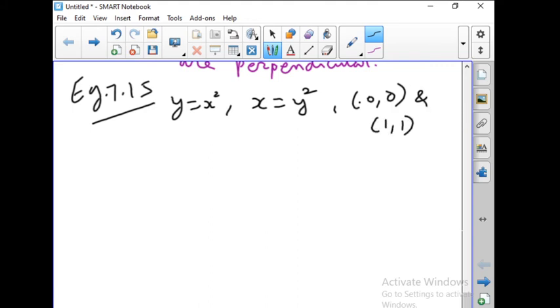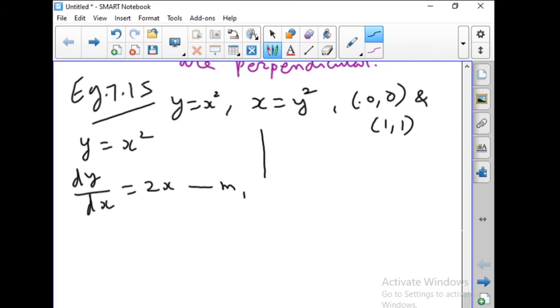So (1, 1) and (0, 0) are the points of intersection. Now y is equal to x square, so you find dy by dx. dy by dx is equal to 2x. This you take as m1. Then x is equal to y square.